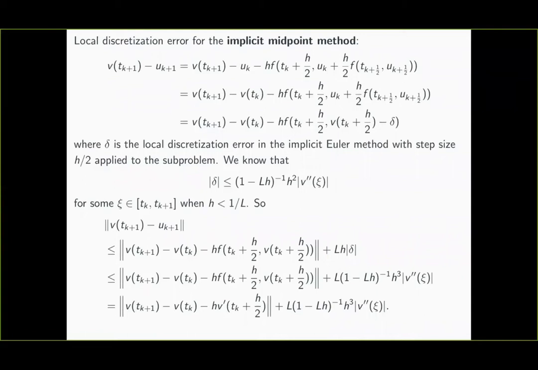And then this additional term, plus L times h times the size of delta. Okay, and let's plug in the size of delta, so that additional term becomes L times (1 minus Lh) inverse times h cubed times the size of v'' at psi.